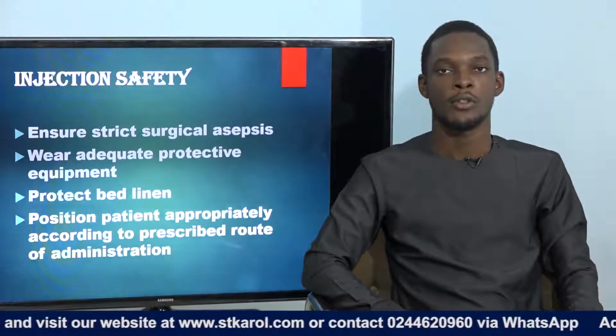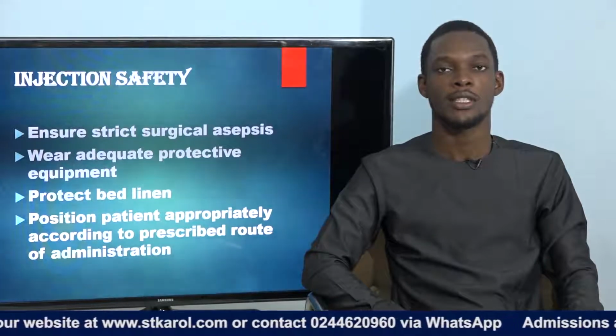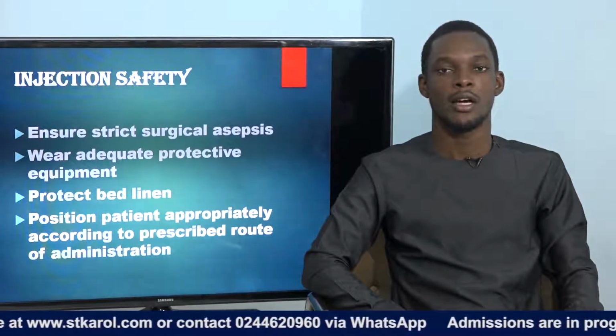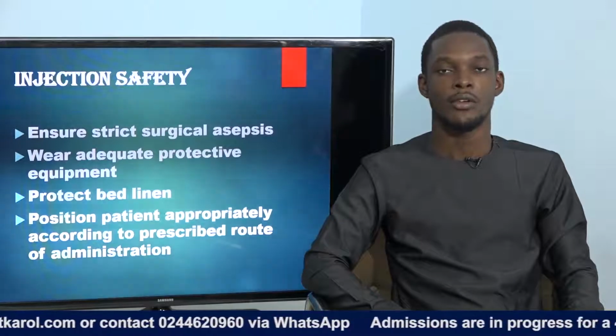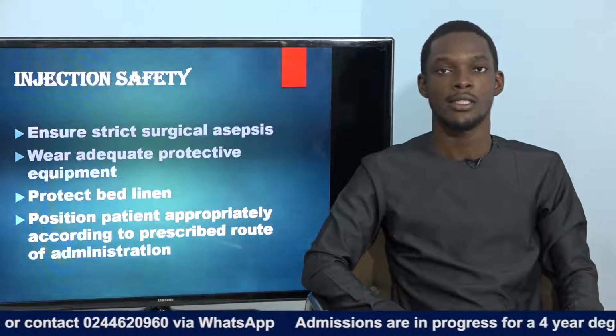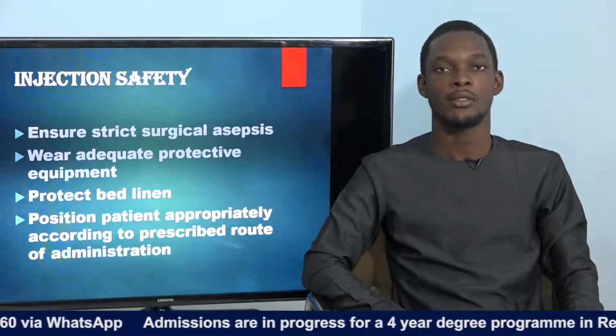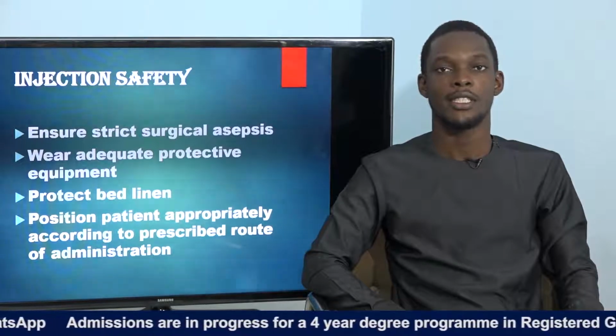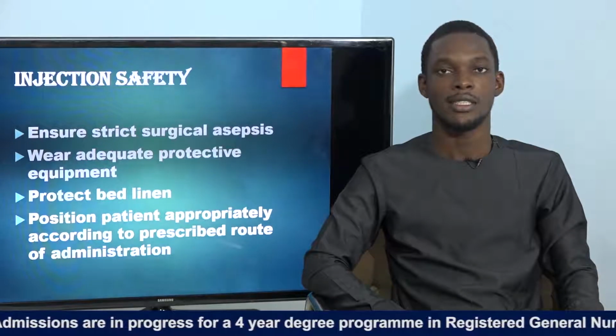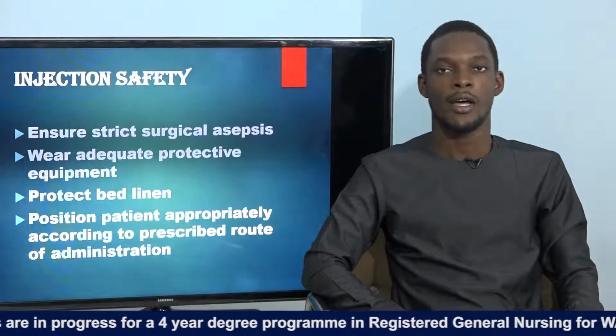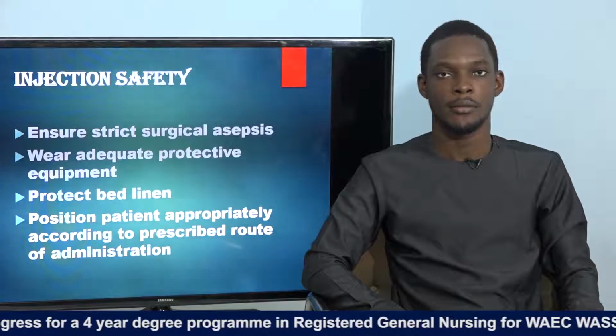First of all, you have to ensure surgical asepsis. As a nurse, you have to ensure that the injection site is surgically prepared prior to administering an IV injection or an IV infusion.